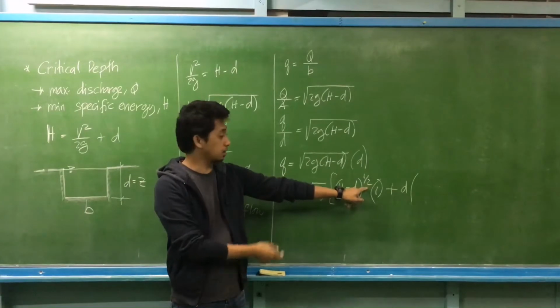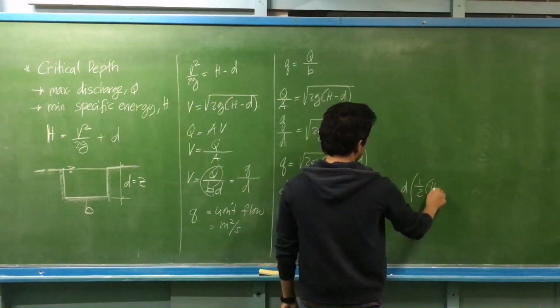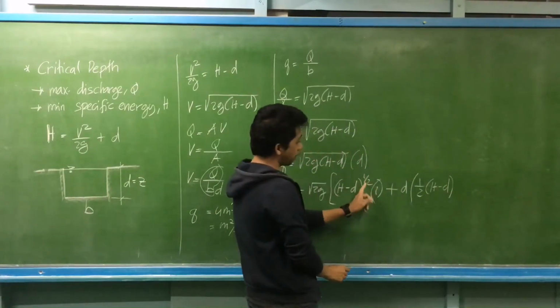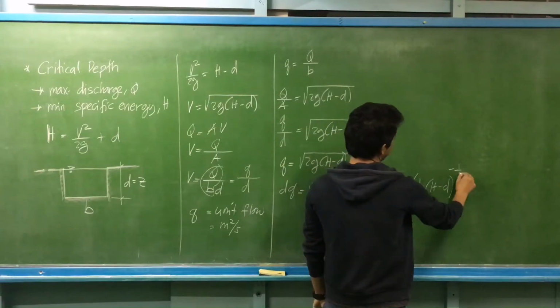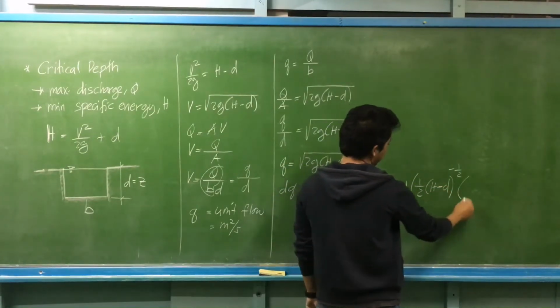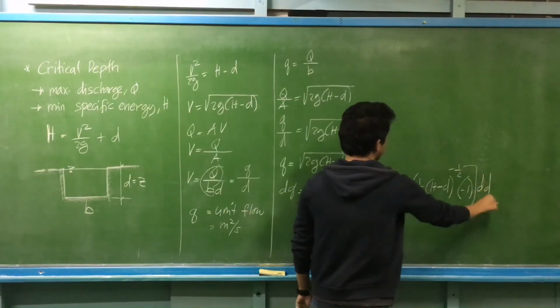You may apply the power rule. So let's bring down the exponent 1/2 H minus d, the exponent minus 1, 1/2 minus 1 is negative 1/2. The derivative of your base, negative d, is negative 1. So this is differential depth.